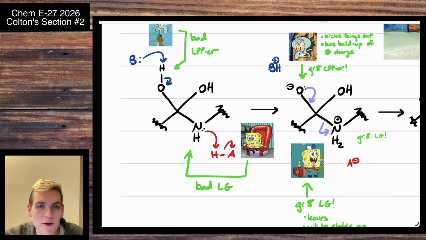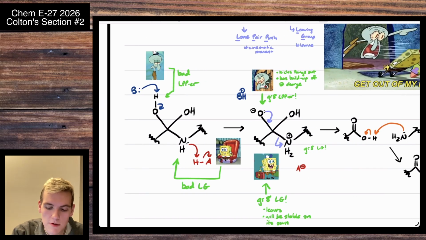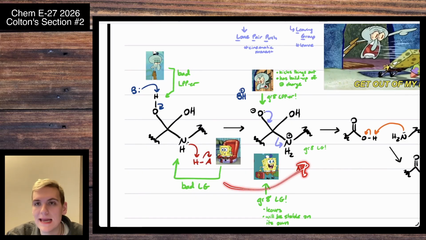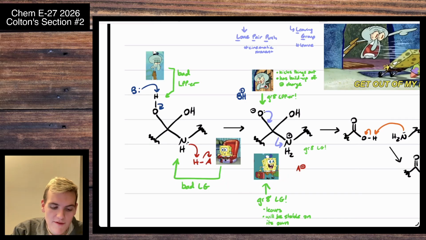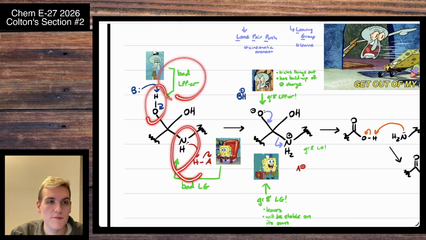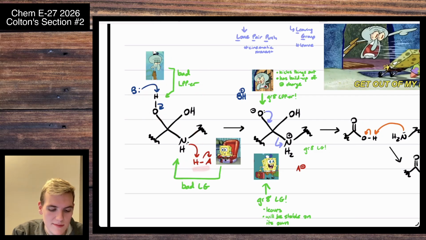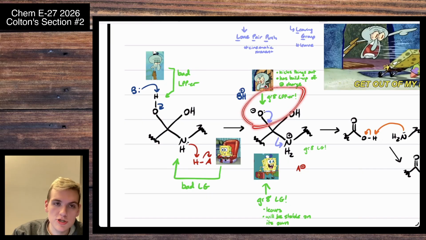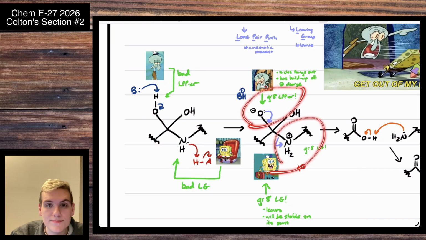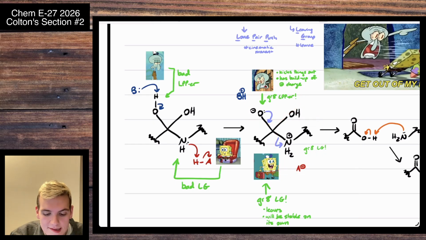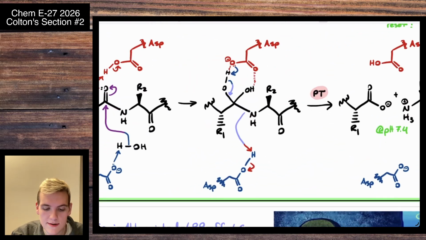And so when we make something a better leaving group, I like to say it's like we are packing its bags before we kick it out. So we went from having a bad lone pair pusher on this intermediate, and a bad leaving group, this neutral thing, to, if we do some acid-base chemistry, making it a great lone pair pusher and a great leaving group. So let's see how that's abbreviated over here.